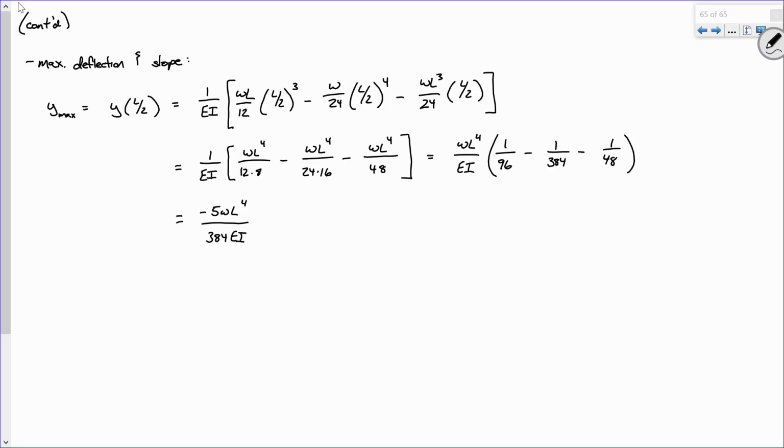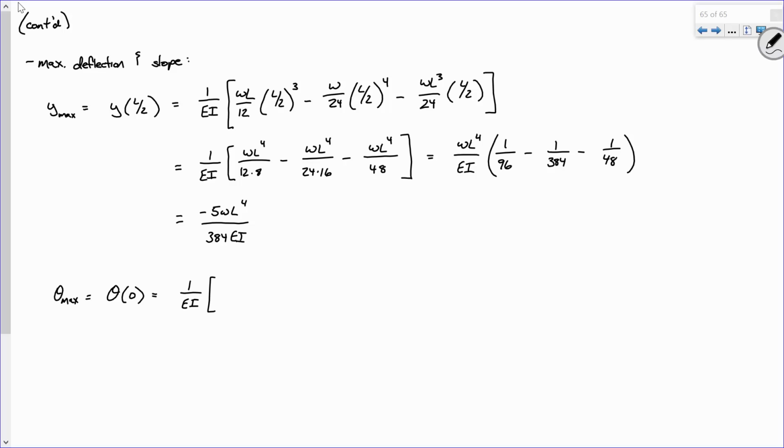Let's do theta max, which is going to be either at x equals 0 or x equals L. I think it's a whole lot easier plugging in zeros than it is plugging in L's. So I'm going to plug in 0. So theta at 0, which is 1 over EI. I'm lazy, you know. Be lazy when you can be. All right?